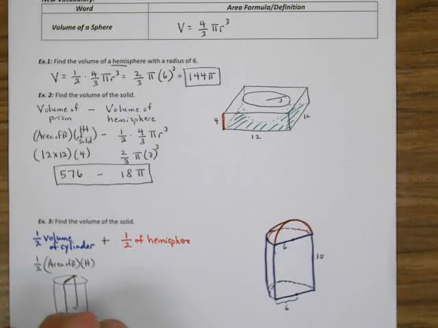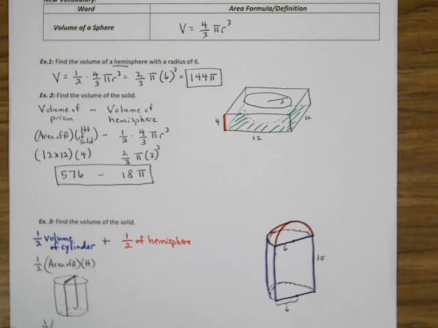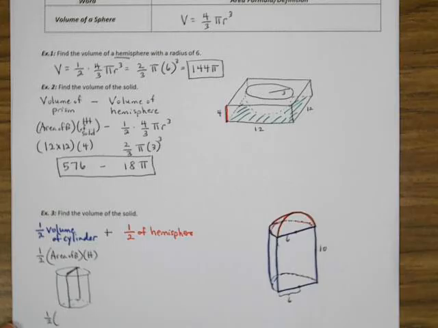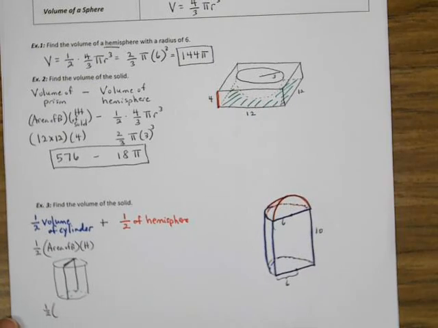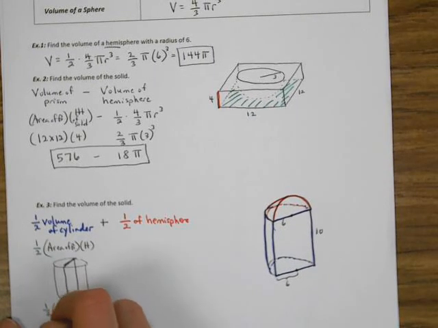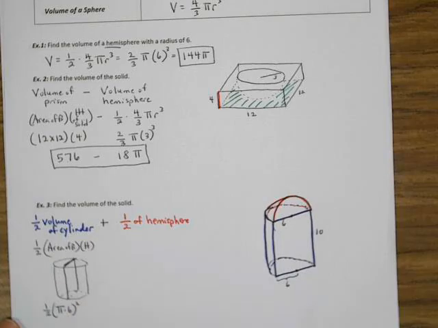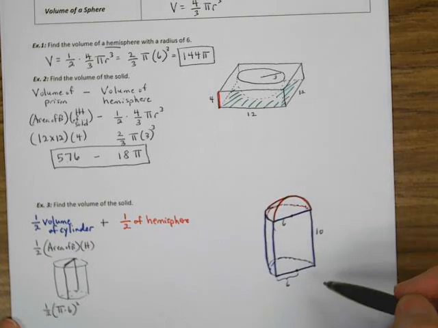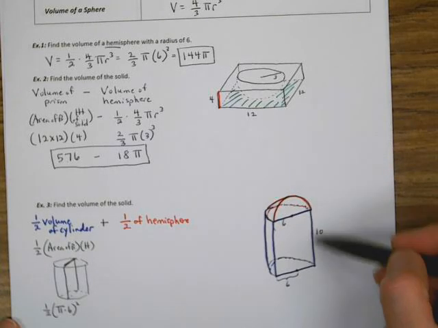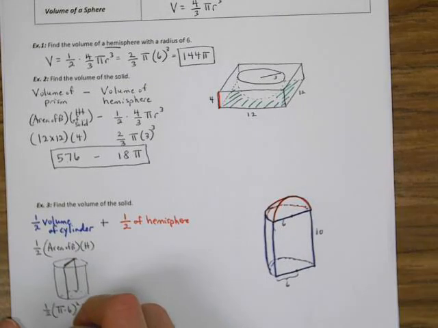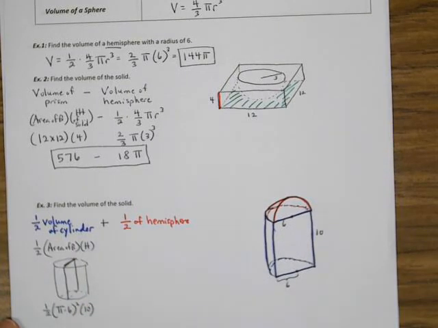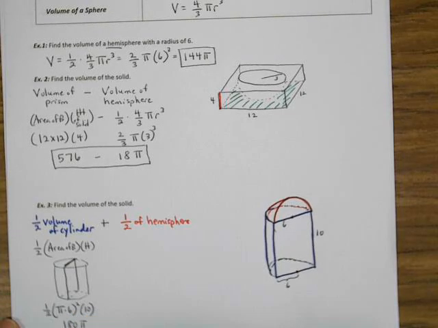So in our case, the base is a circle, the radius is 6, so that's going to be 1/2 pi times 6 squared. That's the base. The height of this blue cylinder is the 10. If you simplify that, you're going to get 180 pi.